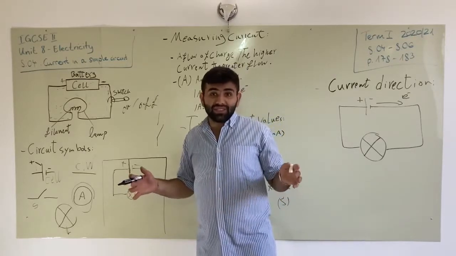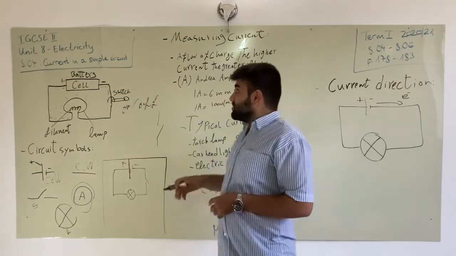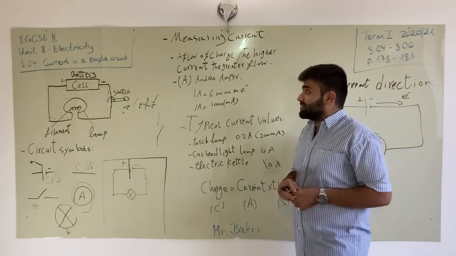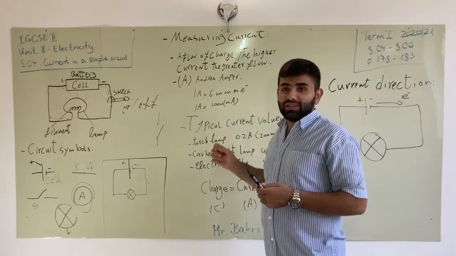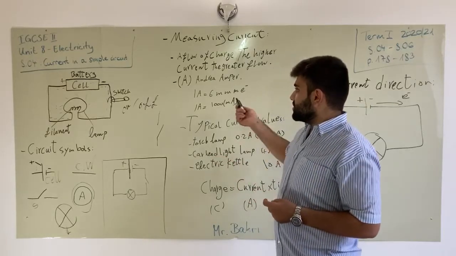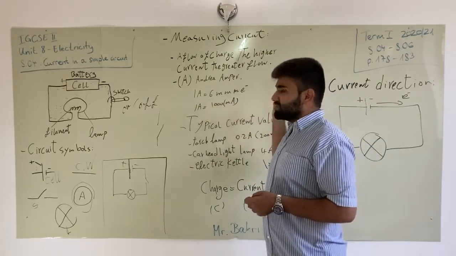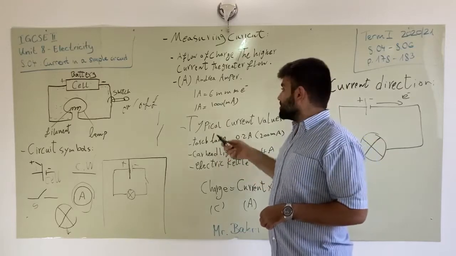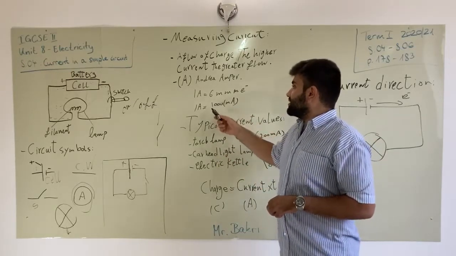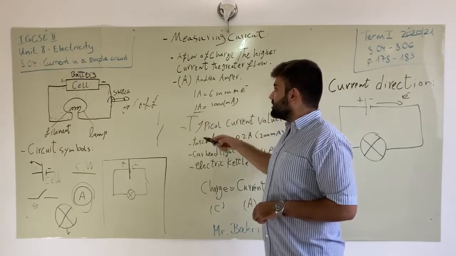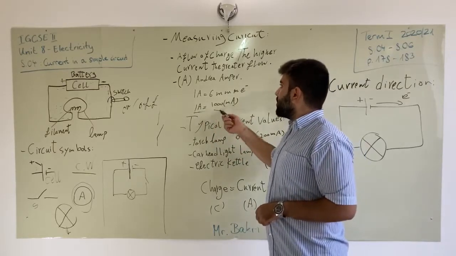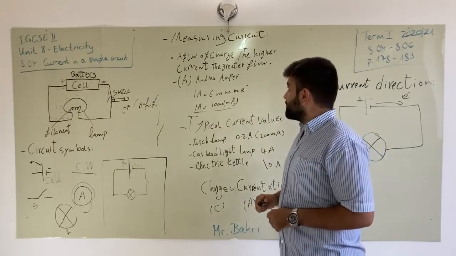That's actually a large amount. Current is measured in amperes, named after the French scientist André Ampere. We don't usually use this large unit for small calculations, so it's divided by 1000 to give the milliampere. Each 1 ampere is 1000 milliamperes.